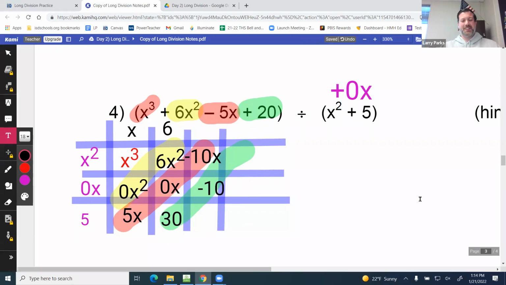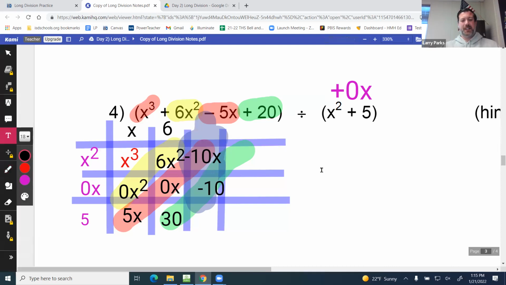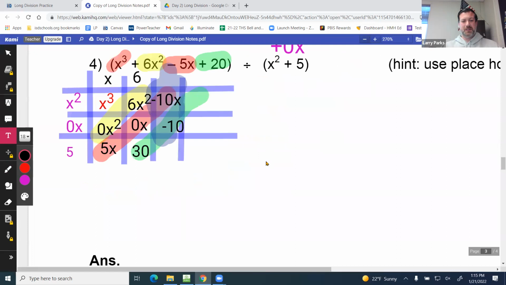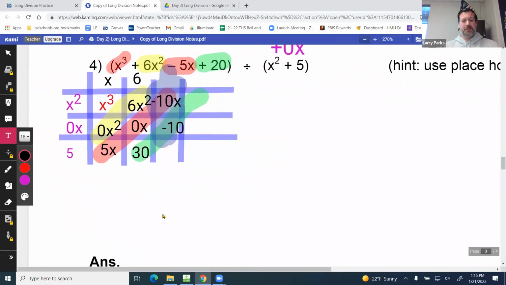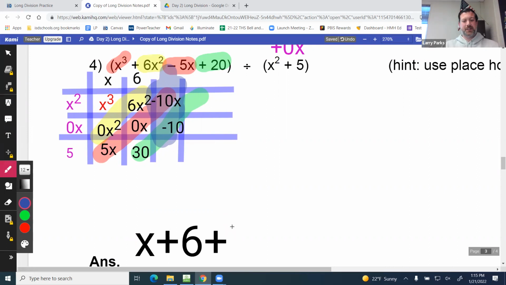And what happens is these two, those two right there, will be our remainder. So if you take this divided by that, what do you get? The answer would be x plus 6 plus, now remember, you need to do the fraction.